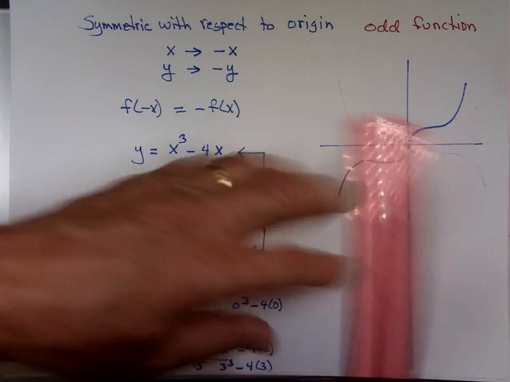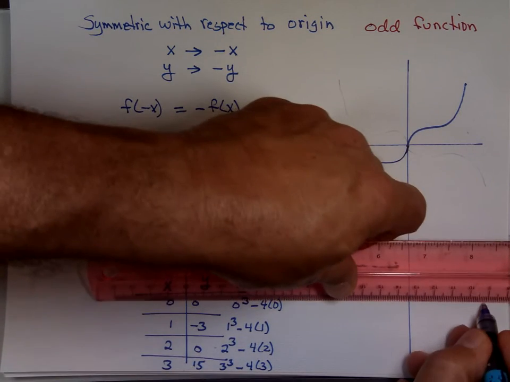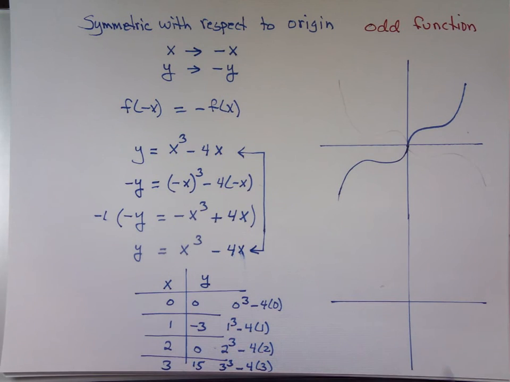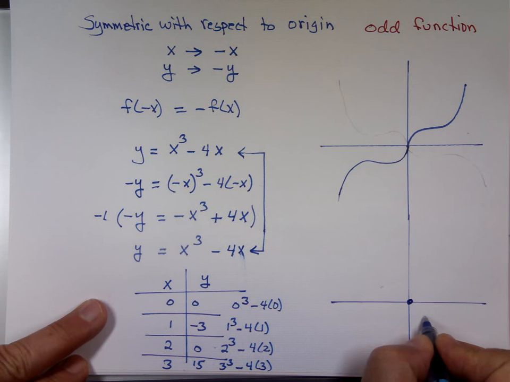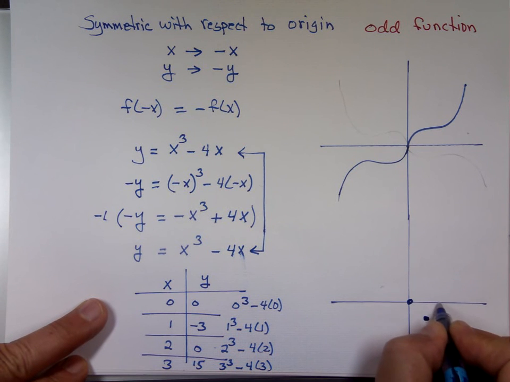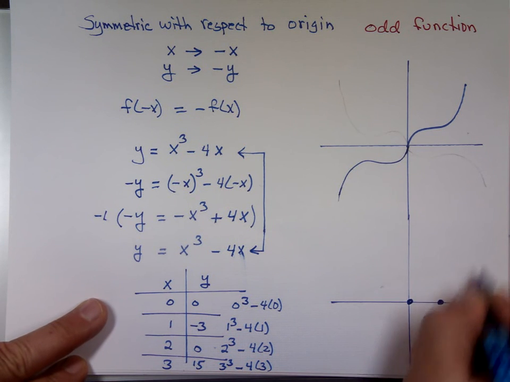Again, you graph half of it: 0, 0; 1 and negative 3; 2 and 0; 3 and 15; and somewhere there it looks like this.